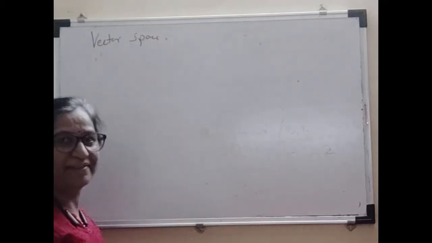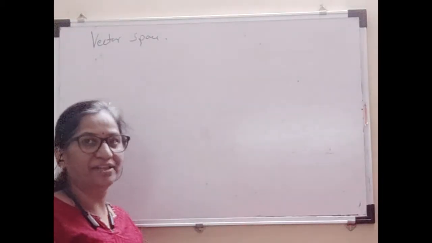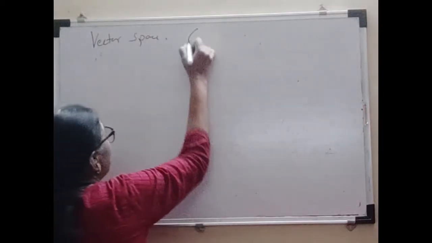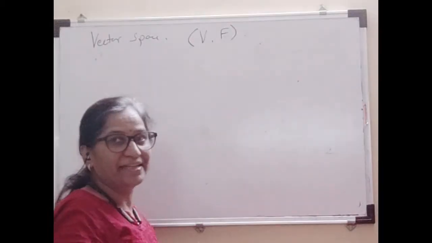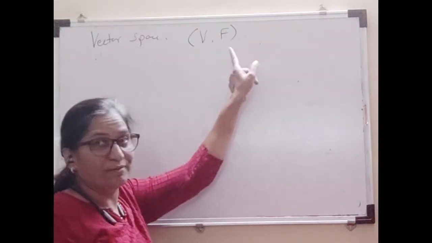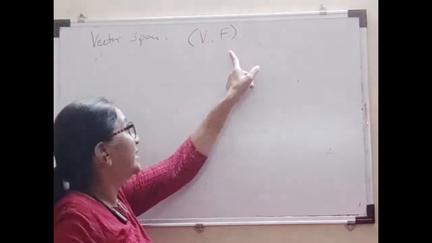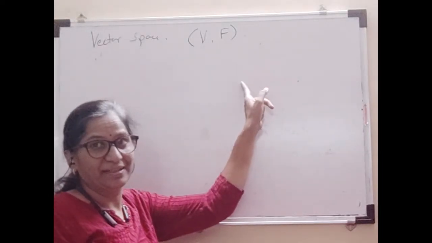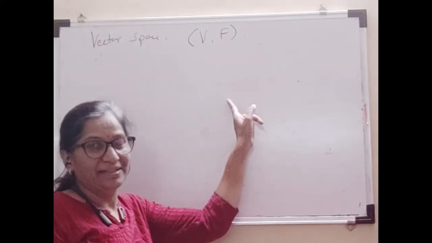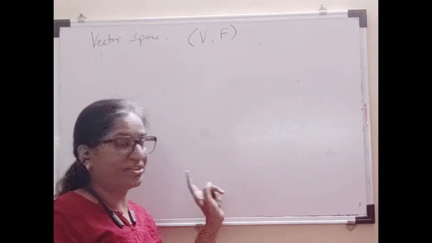A vector space is an algebraic structure which combines V with F. So we usually say that V is a vector space over F. But there should be some specific algebraic operations, addition and scalar multiplication.